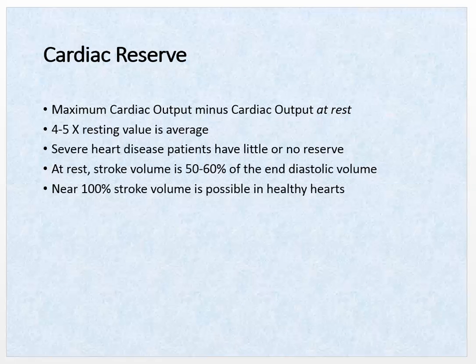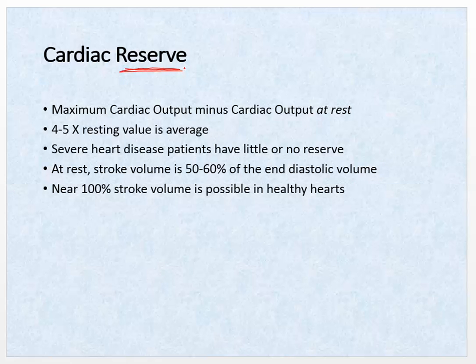And then one more thing, cardiac reserve. We know that when we run or jump or get scared, our heart starts beating faster and harder. That's very important because we want to have that reserve capacity.